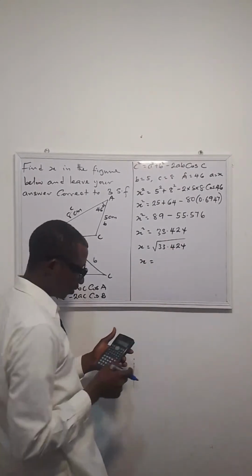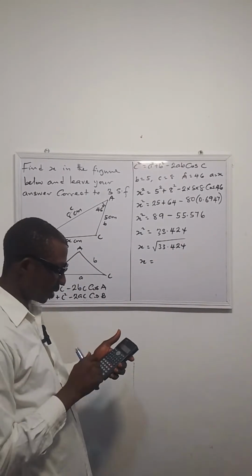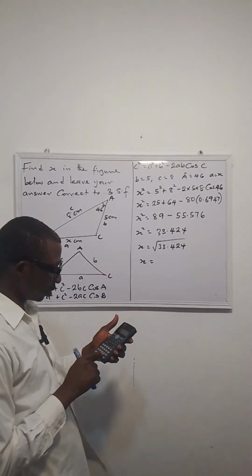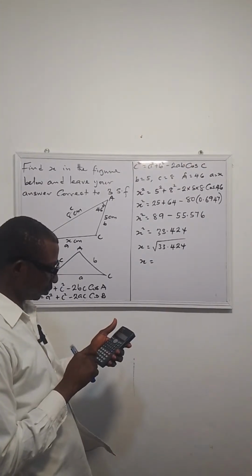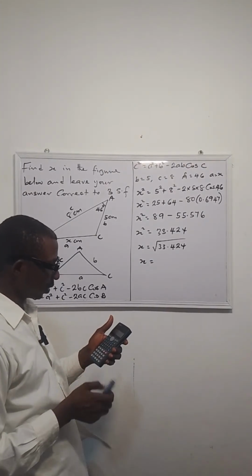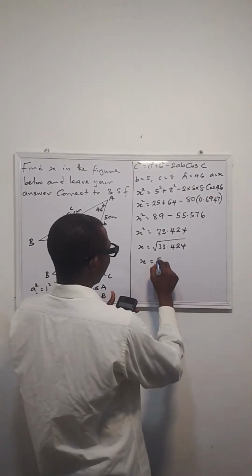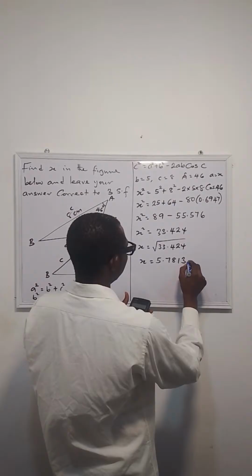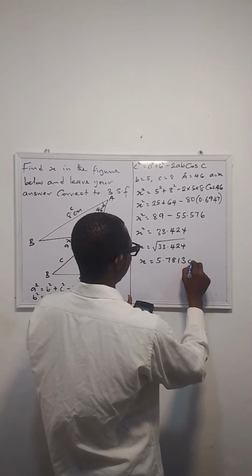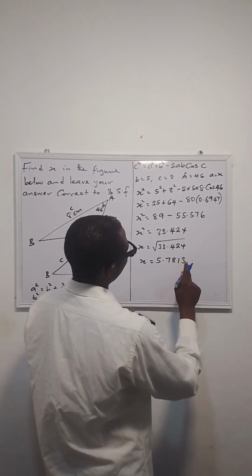Can we find the square root now? Here I have 5.7813. Okay, all right.